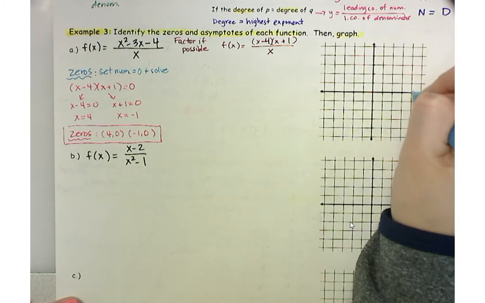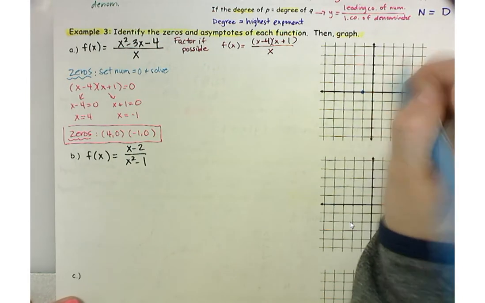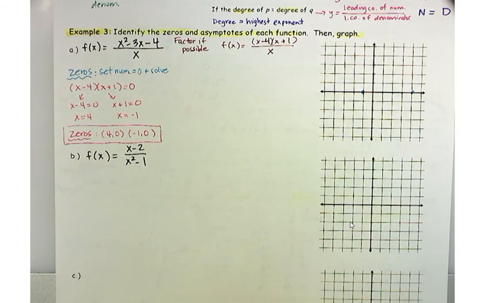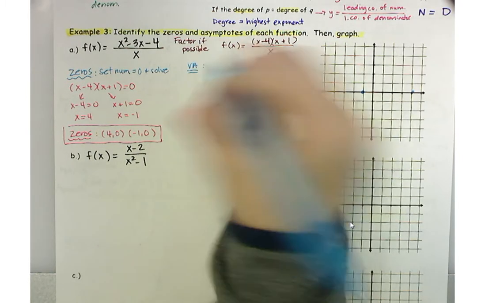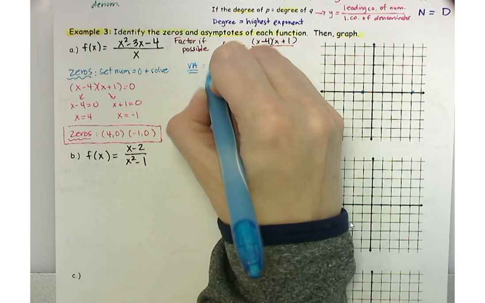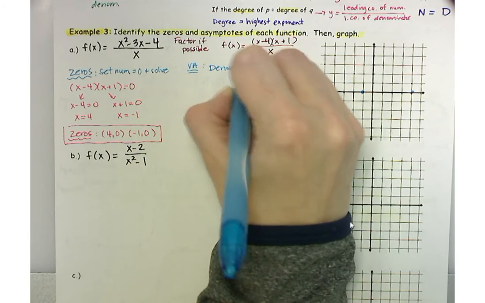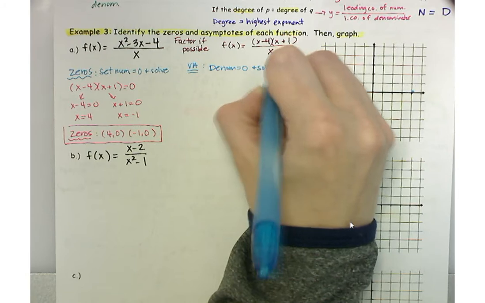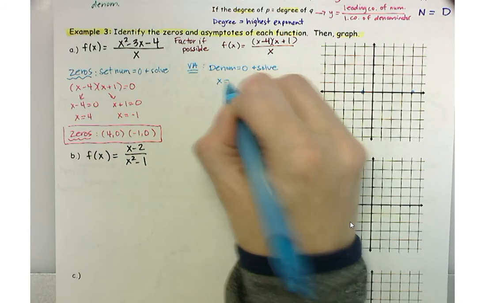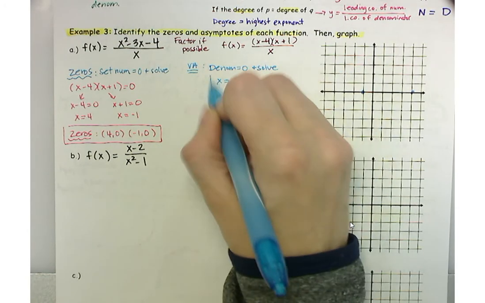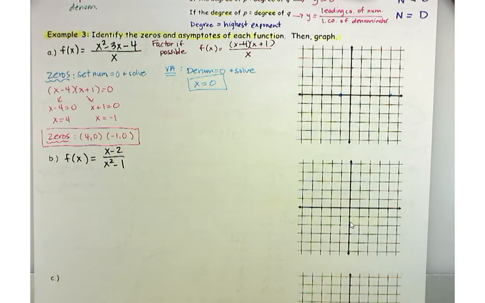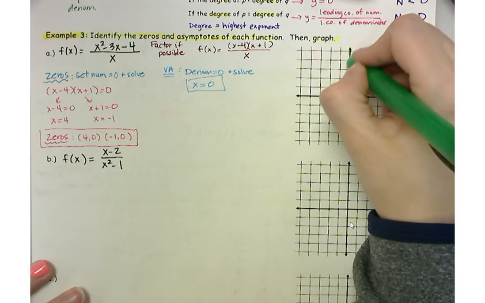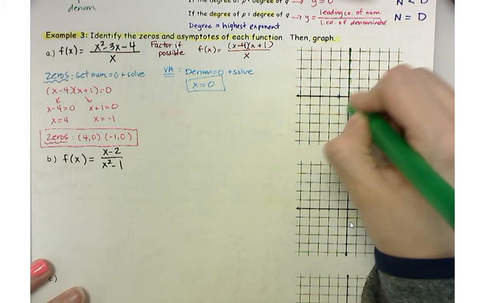Okay, for the horizontal asymptote, we're going to use our rules above. So the degree of n, and then I'm going to compare that to the degree of the denominator. Kelsey, what is our degree of the numerator? 2.